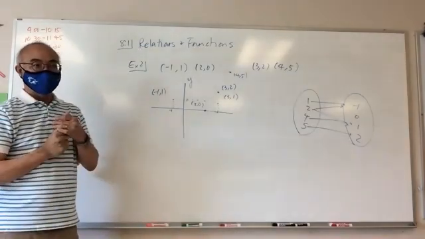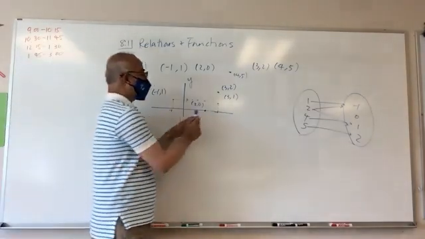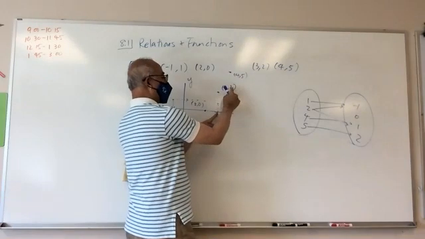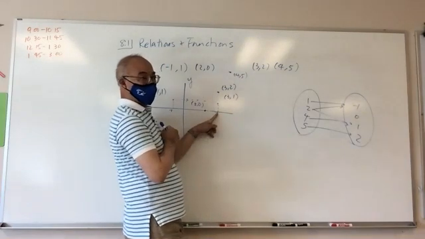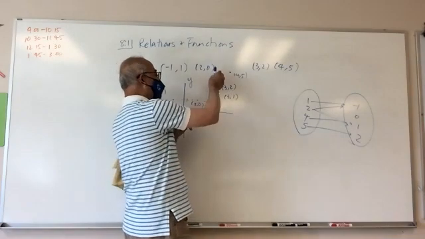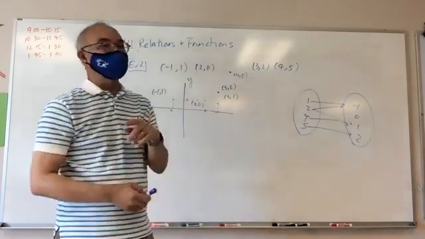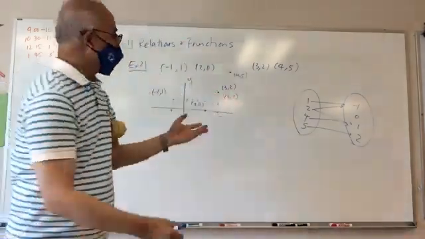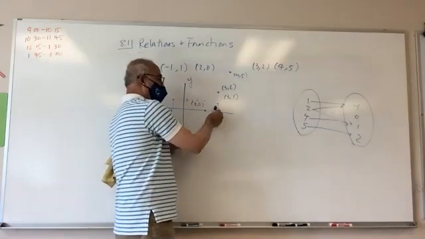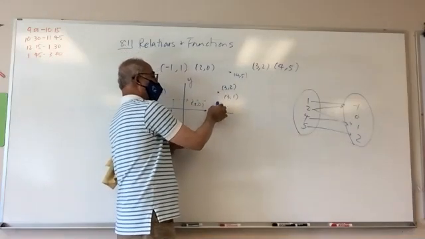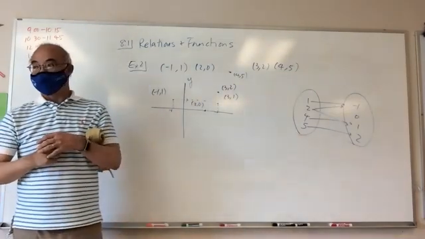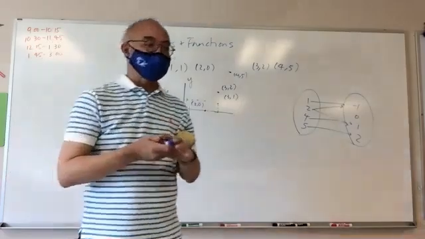You see that on the vertical line, right? So in other words, the same input 3 has two different outputs. And that's a no-no, right? You can't do that on a function. So if it passes the vertical line test, you can call it a function. On this one, it does not pass the vertical line test because on this vertical line, I have more than one point. Does that make sense? That's what's called the vertical line test.